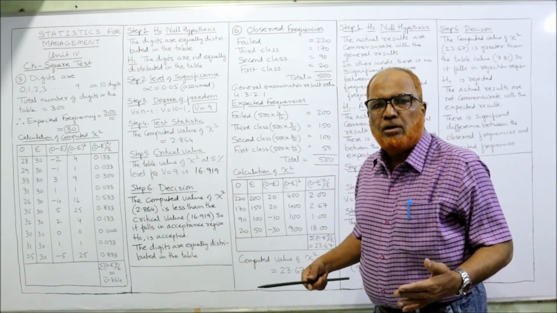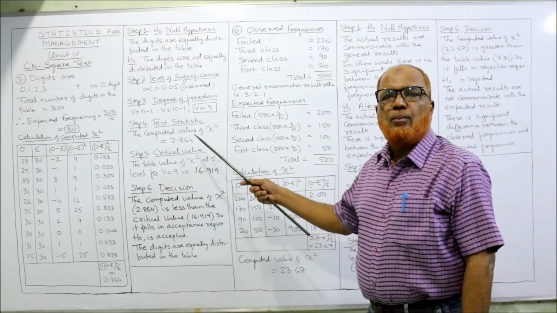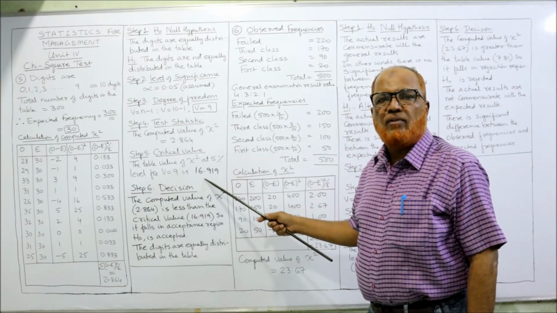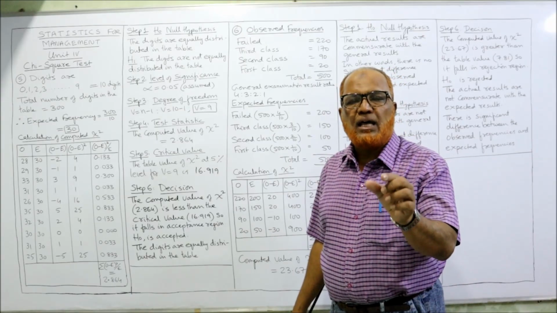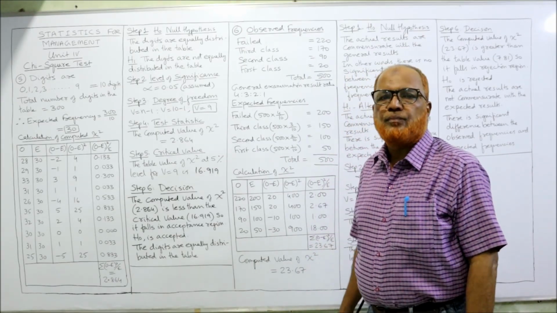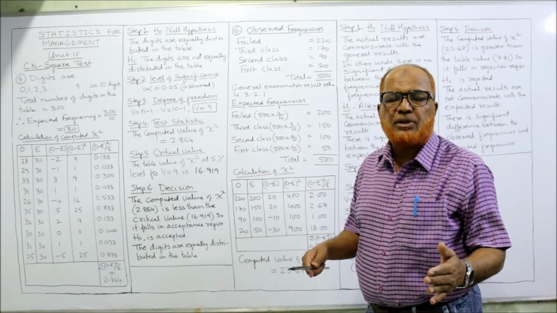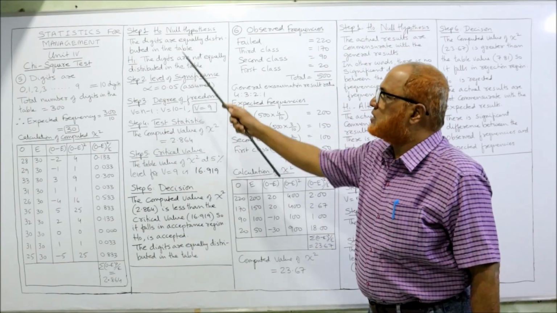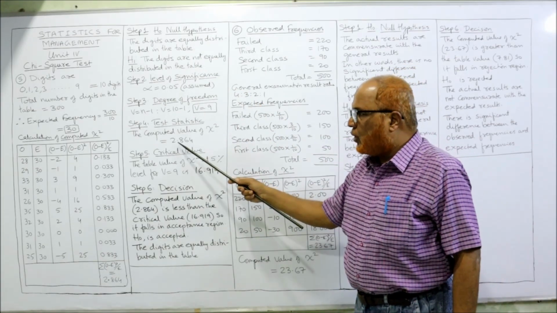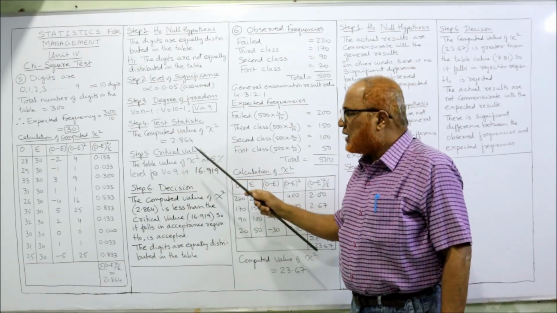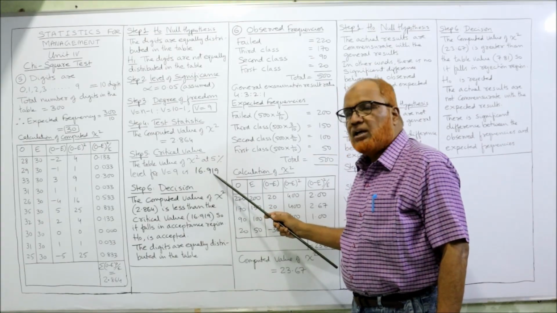Now the decision. To give the decision, we compare the computed value with the critical value. If the computed value is less than the critical value, then it falls in the acceptance region, and the null hypothesis is accepted. Here the computed value is only 2.864, whereas the critical value is 16.919.